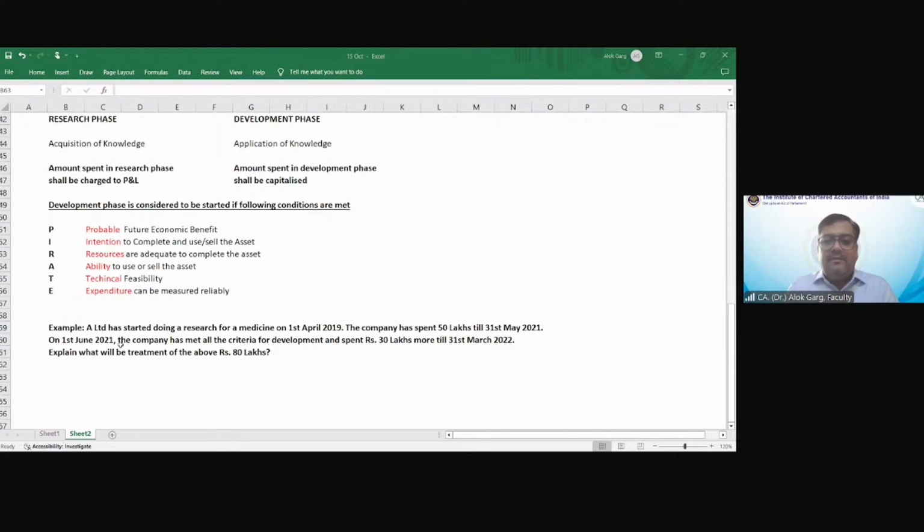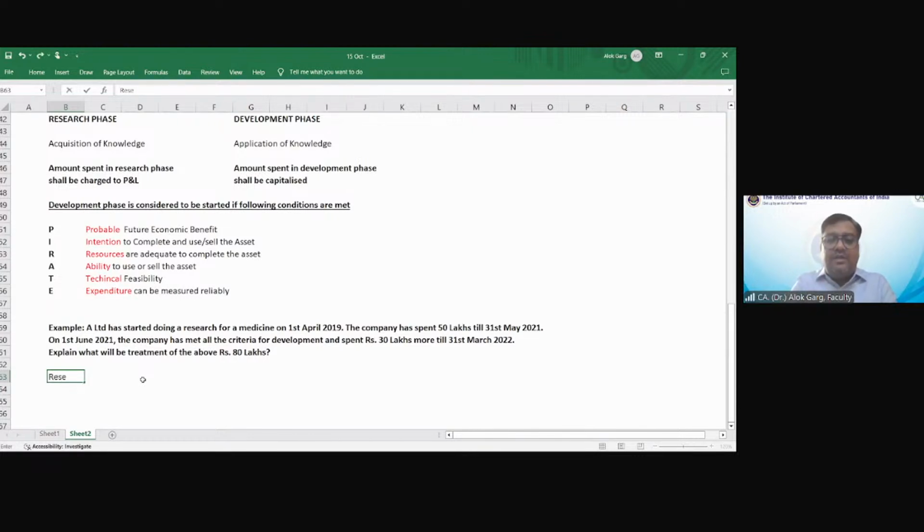80 lakhs to P&L and 30 lakhs to be capitalized. Okay. So first of all, what is the research phase? A Limited has started research for a medicine on 1st April 2019. The company has spent 50 lakh till 31st May 2021. On 1st June 2021, the company met all the criteria for development and spent 30 lakh more till 31st March 2022.